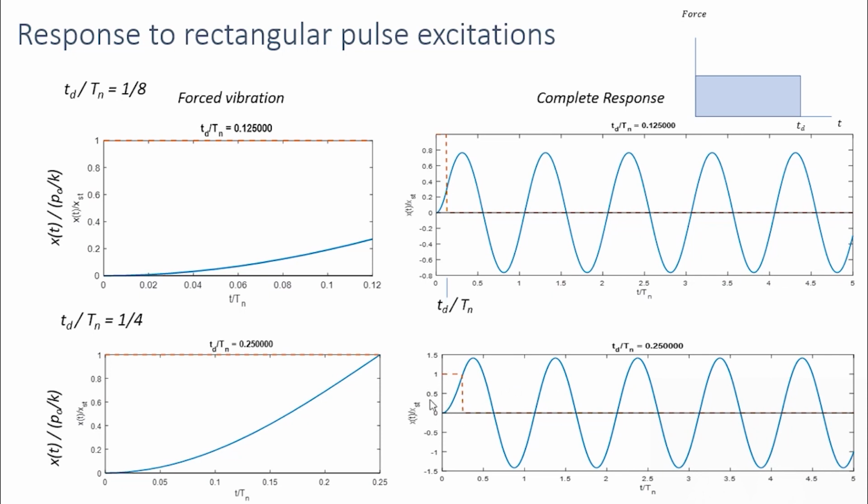This is the forced vibration response, and again the red dotted line shows the static response. During the forced vibration, the dynamic response is less than the static response, but the response increases after the force ends. That is, during the free vibration phase, the displacement is high.